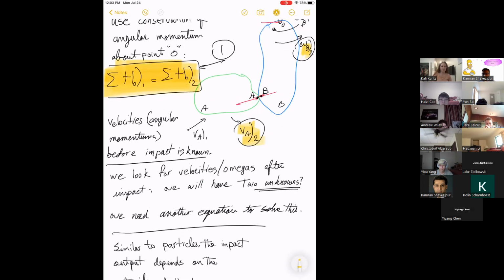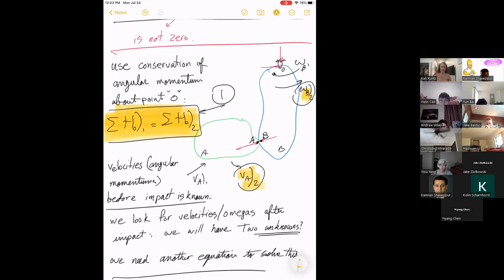Does that make sense? Because of large impulsive forces, I could not use conservation of linear momentum because we don't know these forces. It's just going to create extra unknowns. So I was limited to angular momentum around this point, so I can eliminate the reaction forces.